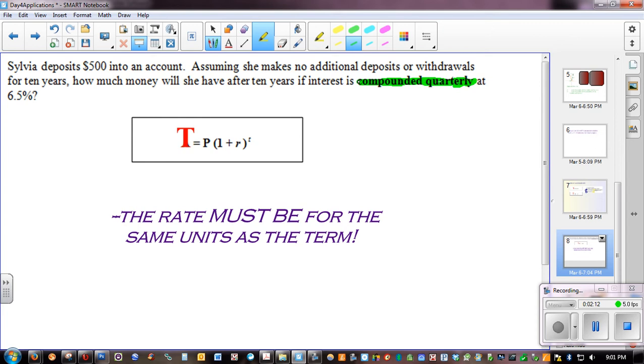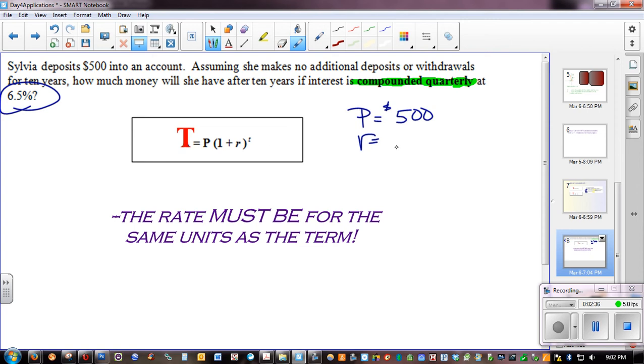I like to start these problems out by specifically writing out what we're working with, and hopefully that'll catch any errors you have as far as matching things. We need the total amount after 10 years. She starts with her principal amount, $500. The rate that we're using, now this is compounded quarterly at 6.5%. It really doesn't tell me what that rate, that percent is.